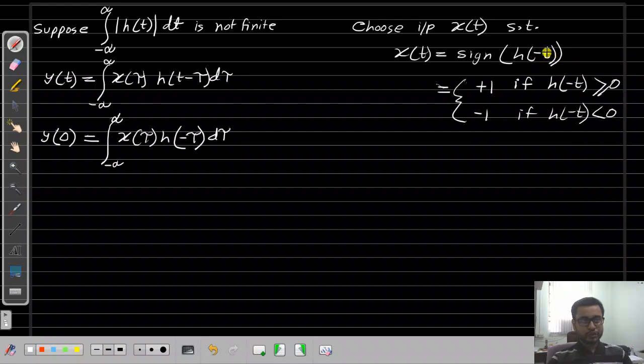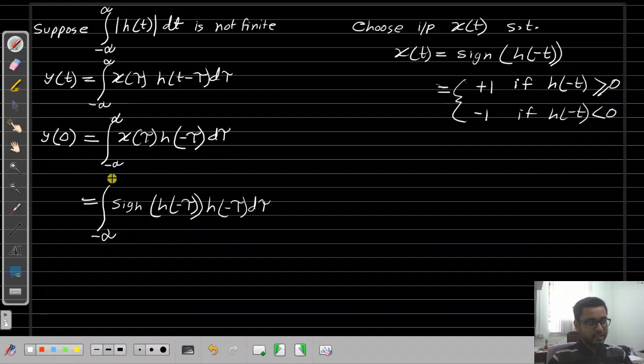Now if I choose in this way, then this output can be written as, in place of x I write sign of h(minus tau), then this is as it is, h(minus tau) d tau, minus infinity to plus infinity.